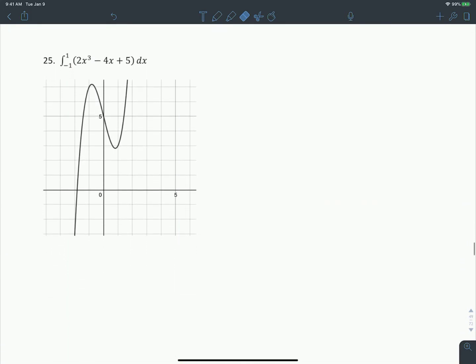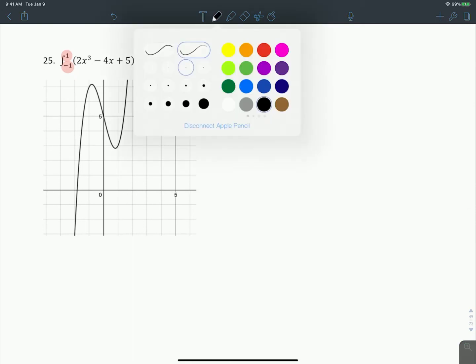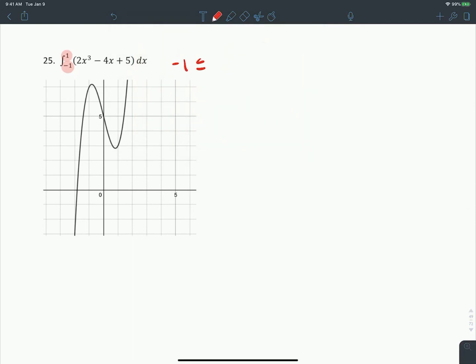Number 25. Our limits are from -1 to +1. So -1 less than or equal to x less than or equal to +1.